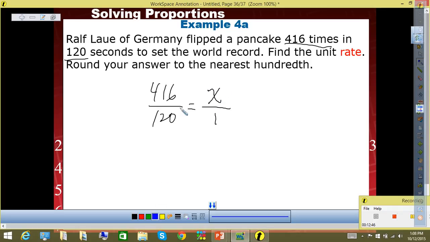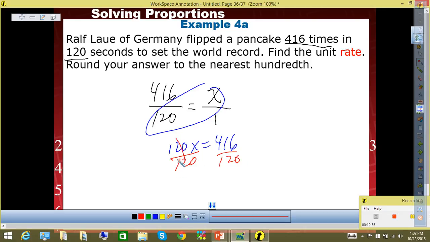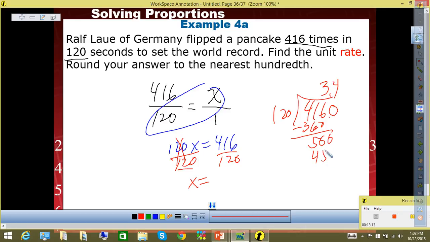Therefore, to find out what this is, we need to label it what? X. So, 120x equals 416. At the end, I divide by 120, divide by 120. X equals 416 divided by 120, fits in there 3 times, 360, subtract 56, doesn't fit in there, add a decimal, fits in there, what is it, 4 times? 4, that's 480, subtract, that's 80, add a 0, that's a 6, 7, 20, 80, and it's going to repeat, so therefore this is 3.47, because it said to round to the nearest hundredth.